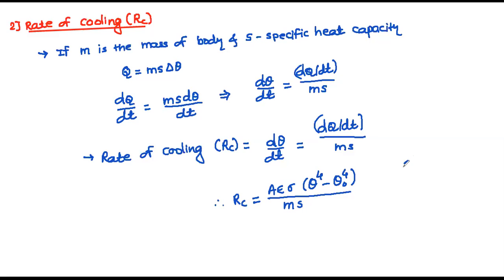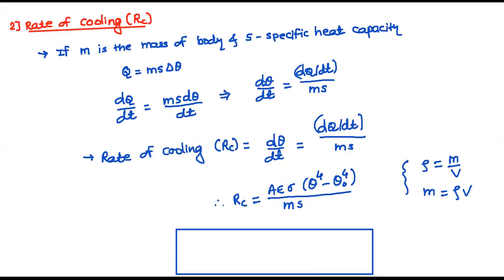And if now I add one more thing, that rho is equal to mass by volume, and therefore m is equal to rho into V, then I am getting a formula like this.